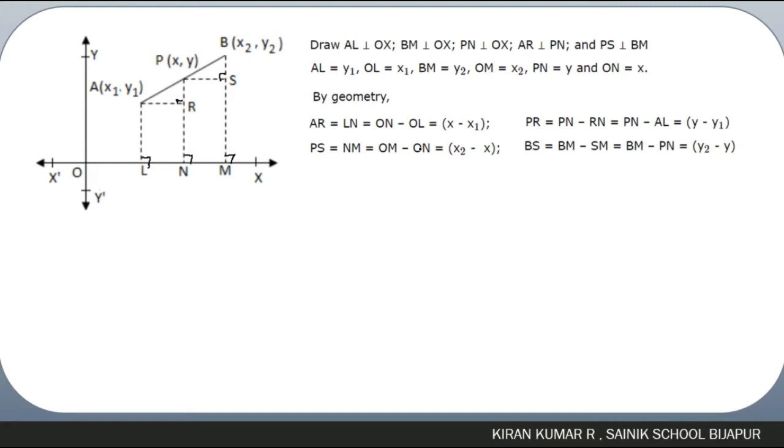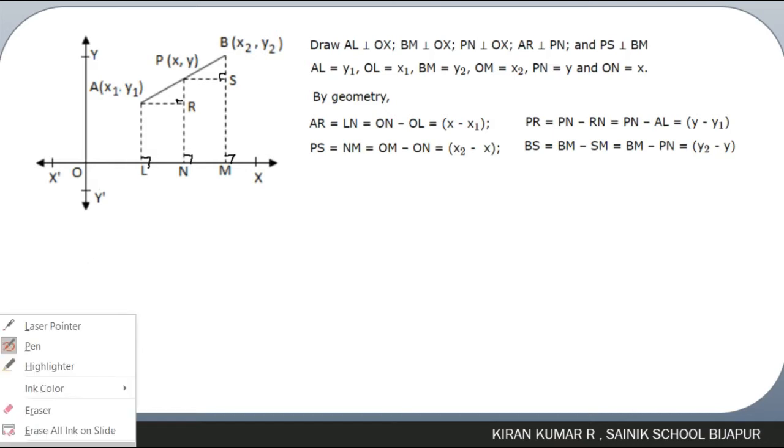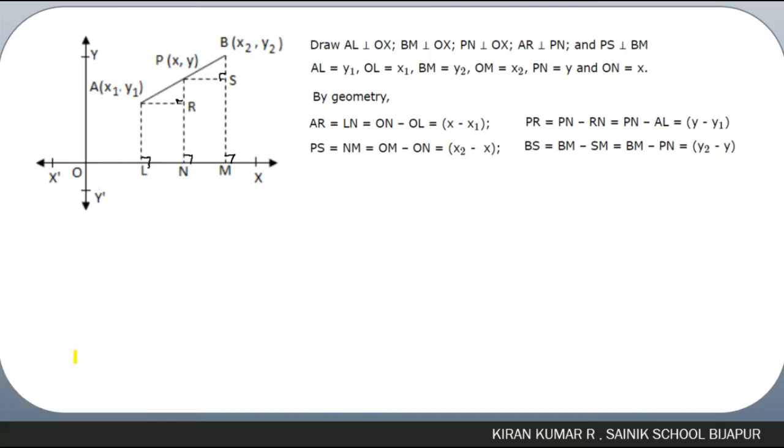Just observe, in the figure we have the triangles APR and PSB. Can I say that these two triangles, which I am going to highlight here, are similar to each other?